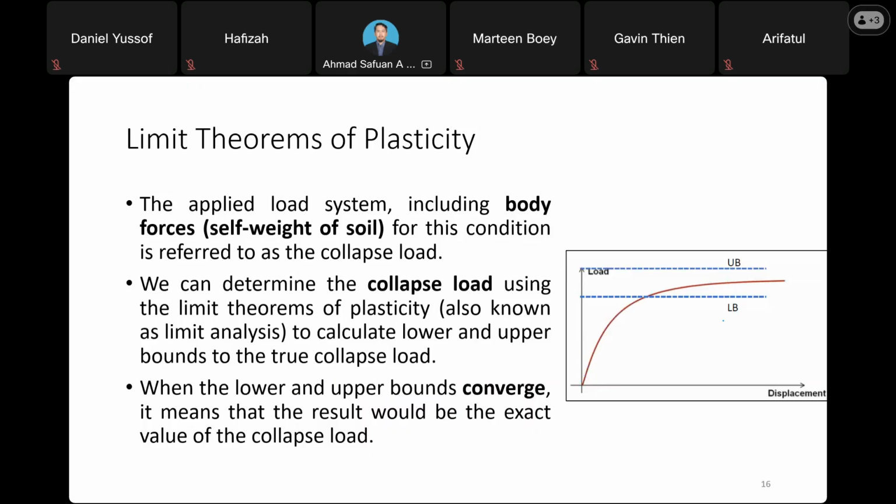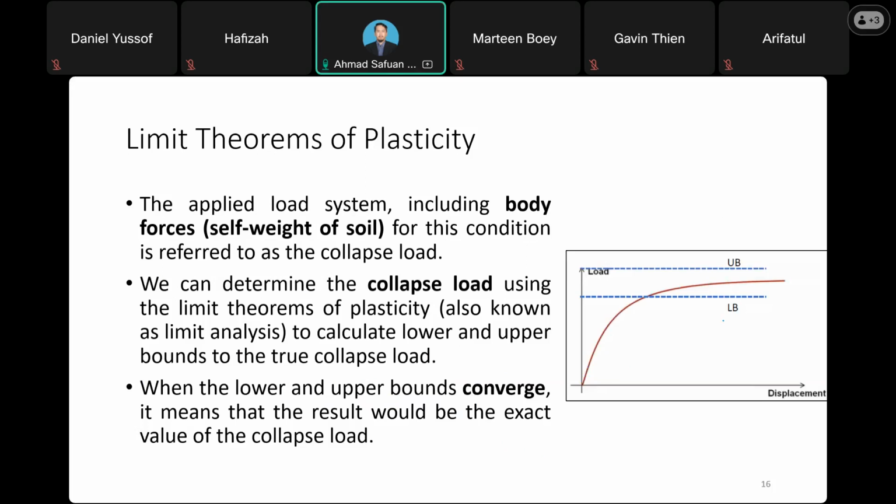Okay. So then to estimate what will be the ultimate load for this stress strain behavior of the soil, we need to estimate by using the upper bound and lower bound approach.